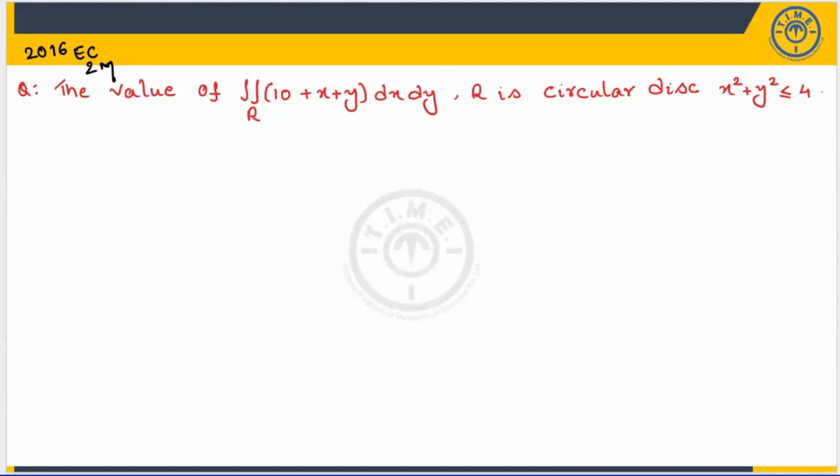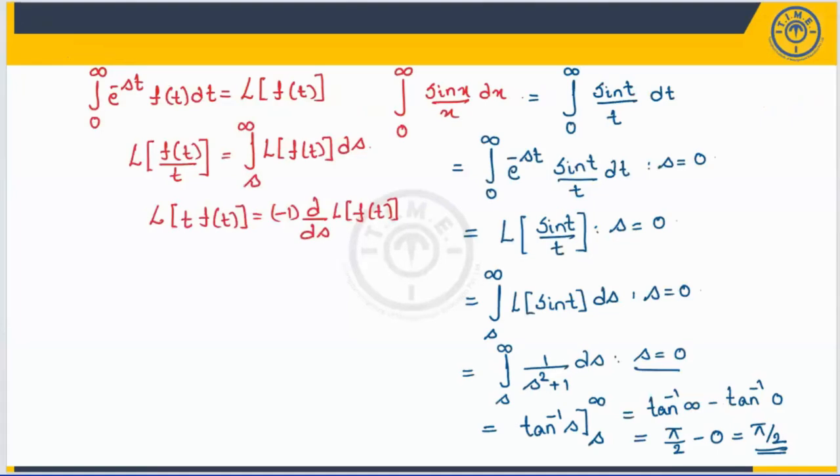No, you can have it for cos x by x also, but for cos x by x it is difficult. What happens is, for cos x by x, you'll be getting the integral of s by s square plus 1. Why? Because L of cos t by t is difficult. So what we'll do is, for sin square t by t you can have it, but for cos t by t you have to subtract from 1.